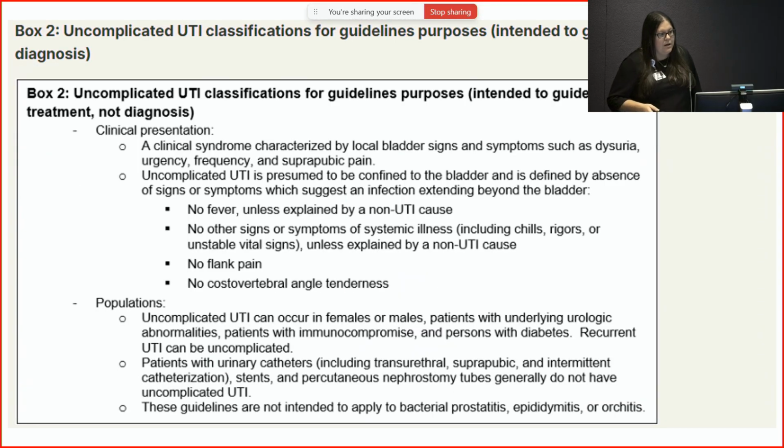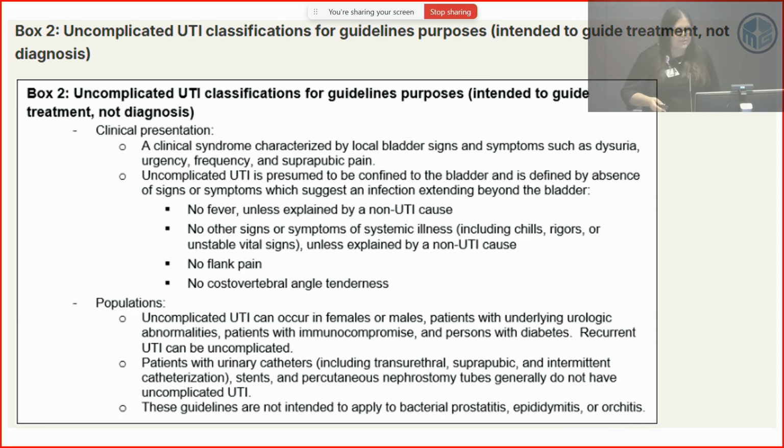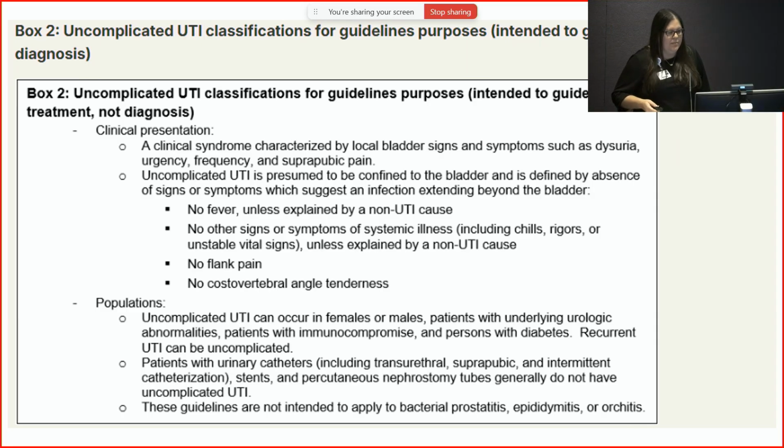So uncomplicated UTI classifications for the guideline purposes. Again, here's straight from the guidelines, kind of how the patients present. It's talking about their local bladder signs and symptoms, and that they wouldn't have any of these other systemic signs and symptoms. It's not generally going to be those patients with catheter stents, nephrostomy tubes, things like that.